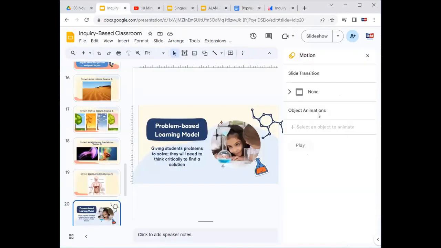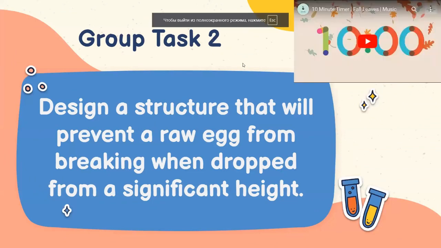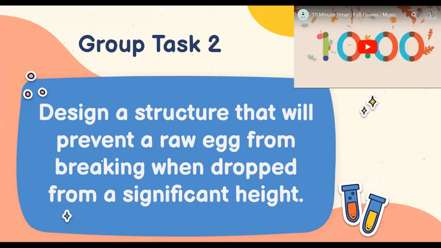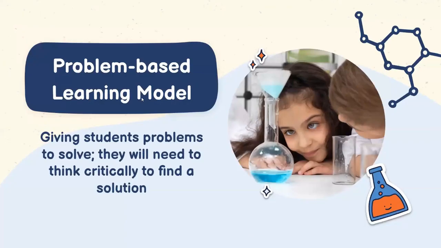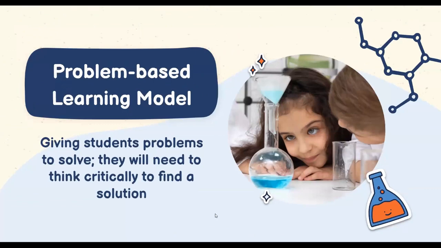Okay, the next model, so that's about the question model. The next model is problem-based learning model. I guess this is one of the core of any science subjects, basics, biology, chemistry, having them solve problems.